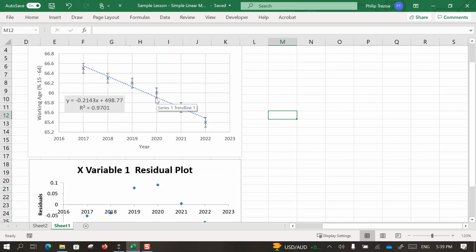The predicted value is where the line goes through here, which is somewhere around about 65.9 perhaps. There is a difference between them. The observation is higher than the prediction. That residual point there, with a value of about 0.1, represents that difference between the measurement and the prediction.